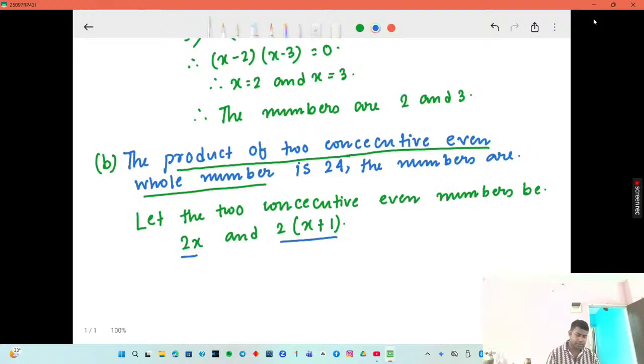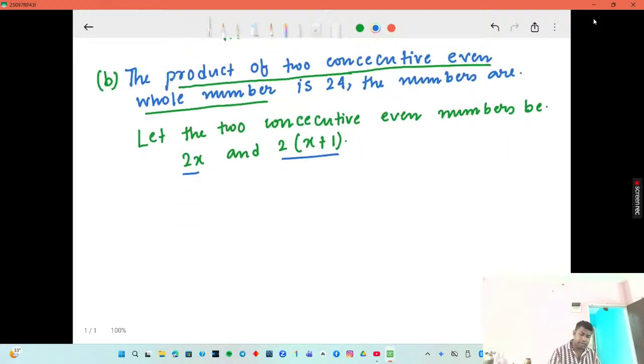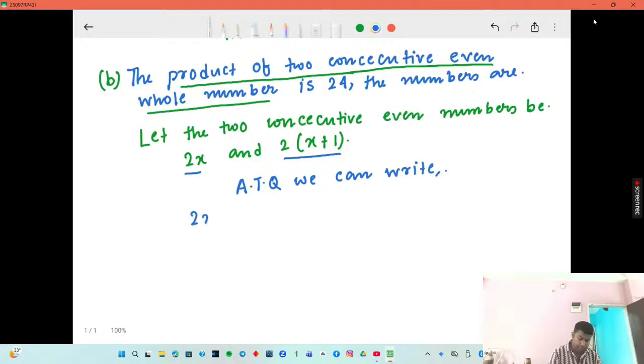We can say that, therefore now we can write ATQ, according to question we can write 2x into 2x plus 1 is equal to 24.